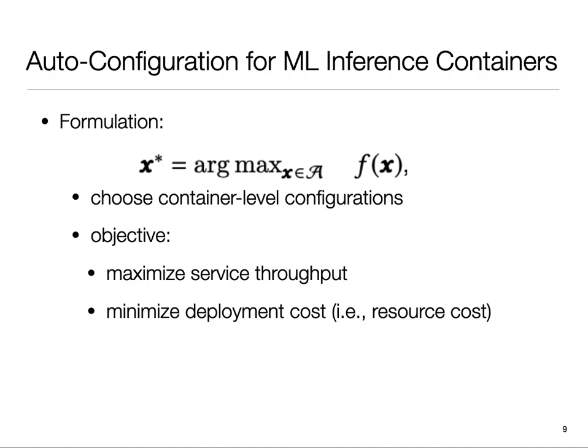So, given a well-trained machine learning model, the cloud providers need to find the optimal resource allocation and runtime configuration for each service. Formally, consider a configuration vector with M tunable hyperparameters. Our goal is to find the optimal configuration combination that maximizes the objective function f(x).